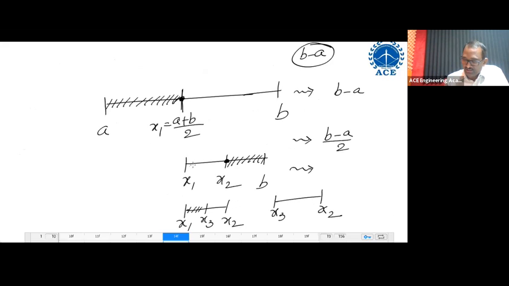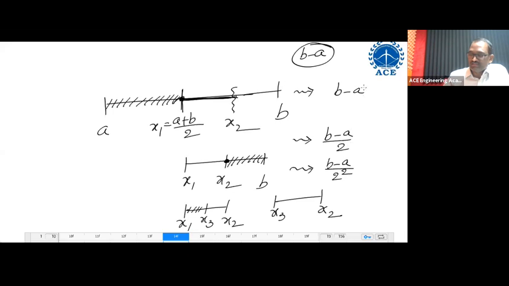The x1 b length is b minus a by 2, and x2 is the exact middle point, so the x1 x2 length is exactly half of b minus a by 2, that is 1 by 2 into b minus a by 2.